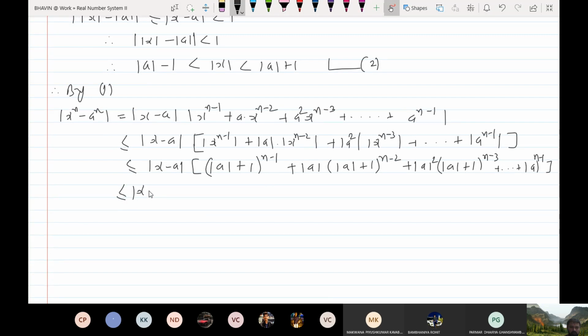I will keep modulus of x minus a as it is, and here you can write by 2. Now I will keep the first term as it is, modulus of a plus 1 raised to n minus 1. Plus, here I will add 1. So modulus of a is less than modulus of a plus 1, so I can write this is less than or equal to modulus of a plus 1, and this is modulus of a plus 1 raised to n minus 2.